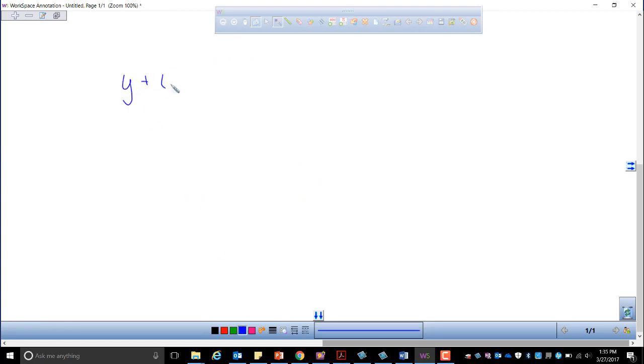Okay, let's try another one. y plus 6 equals negative 2 times x minus 1. So y plus 6 equals negative 2x. And then if I multiply here, I have two negatives. So that's plus 2 times 1 is 2. And then you want to get y all by itself.